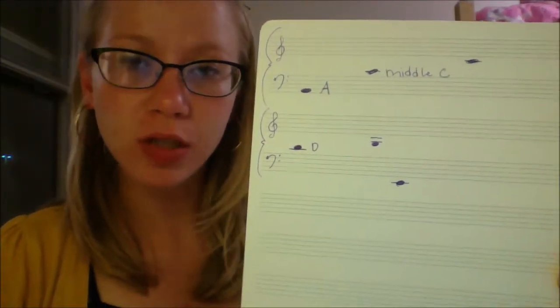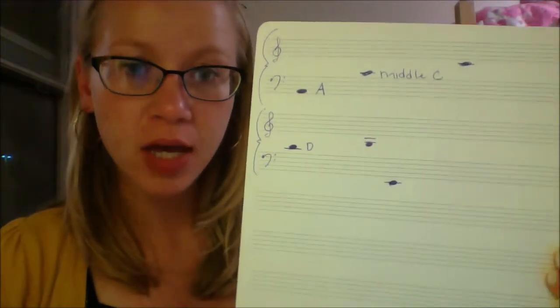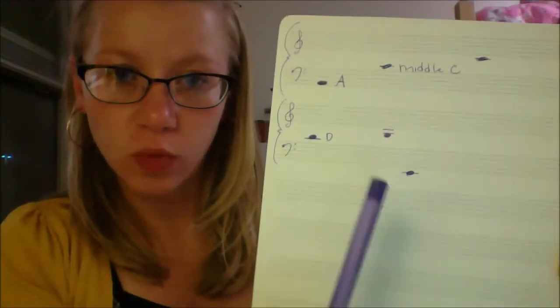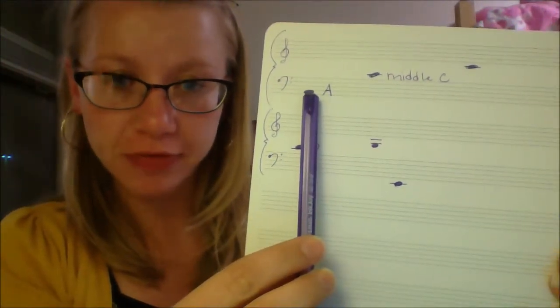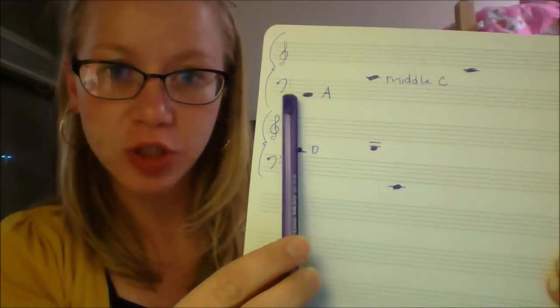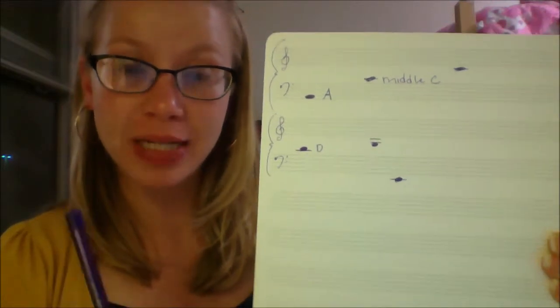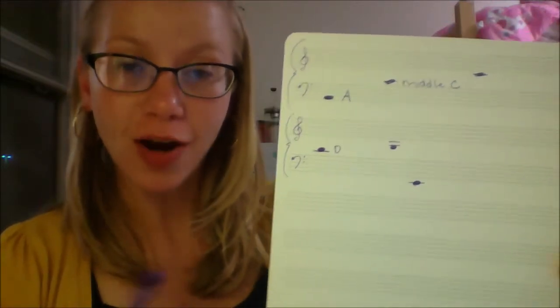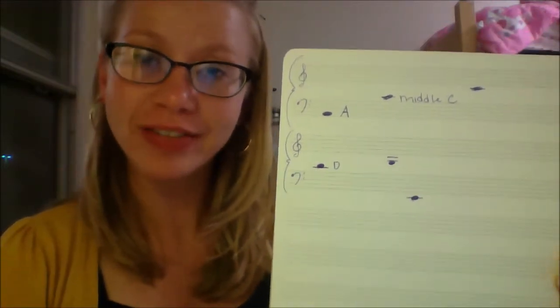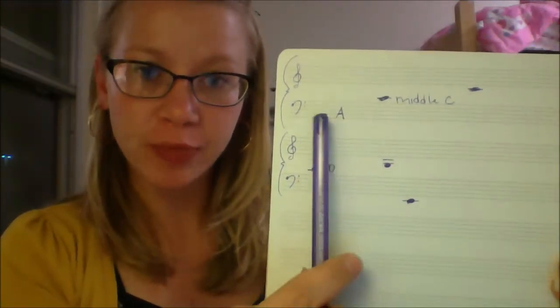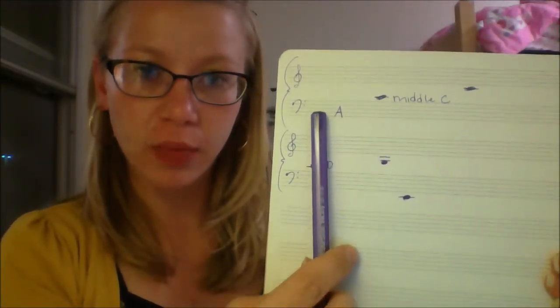If you really don't do much note reading at all, a great place to start is working up from the bass clef. This first space on the bass clef is A. The line above it is B. The line above that is C. We're all in college. I hope we all know our alphabet, so you can work your way up from that bottom space in bass clef all the way up.